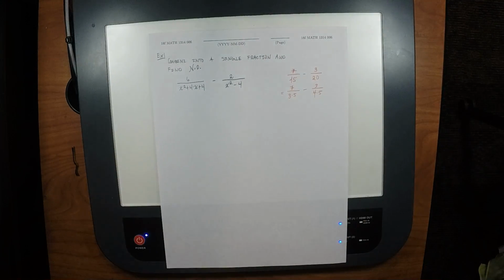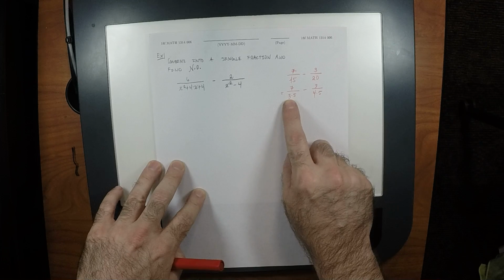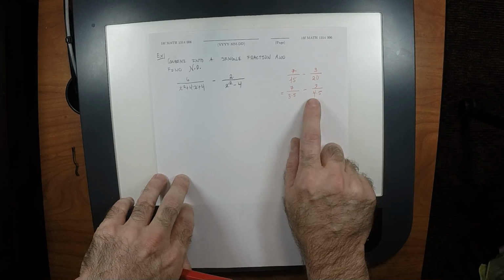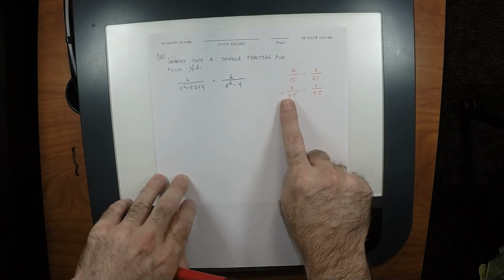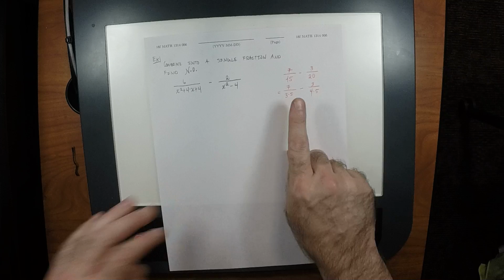So now, comparing the denominators, notice that they both have a 5 in the denominator. By way of comparison, this one has a 3, and so that one is in that sense lacking a 3. And this one has a 4, so that one is in that sense lacking a 4. It needs a 4.